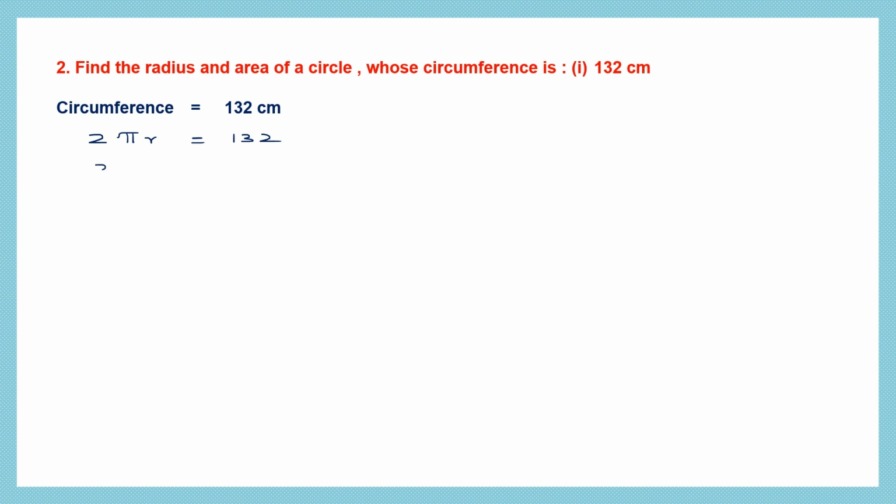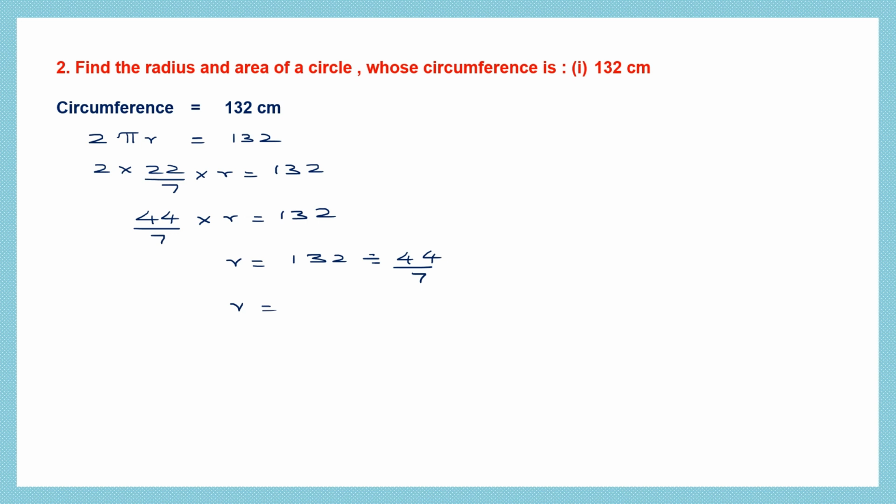That means 2 into 22 by 7 into r is equal to 132. Here, 2 into 22 is 44, so 44 by 7 into r is 132. Now we can find the value of r. r is equal to 132 divided by 44 by 7.